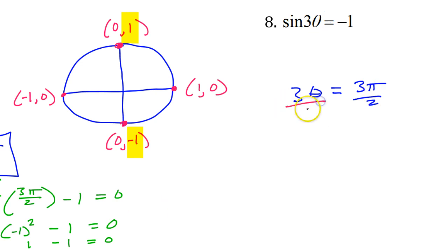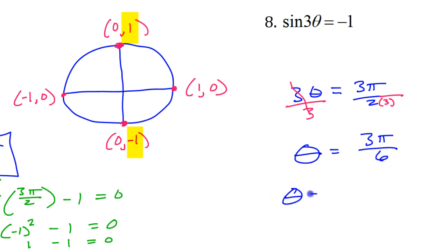Now we can divide both sides by 3. Remember, when you divide a fraction by a number, just put it in the denominator and then boom, there you've divided the fraction. So those cancel out, and that's going to give me theta is equal to 3 pi over 6. Oh, that reduces, so that's theta is equal to pi over 2.